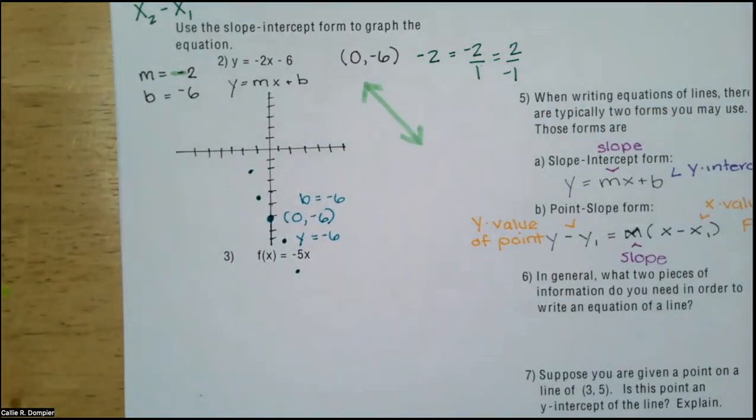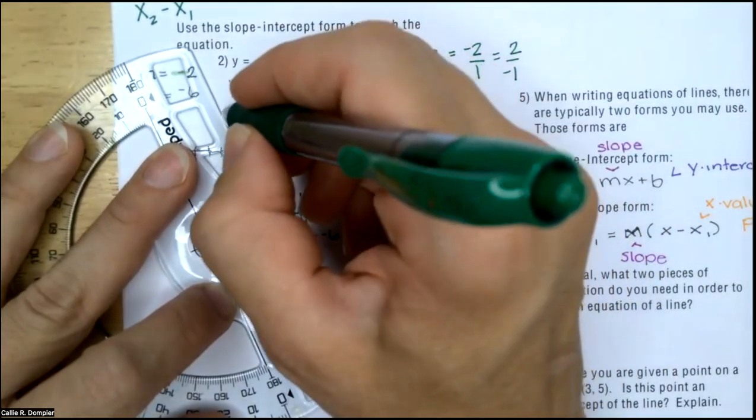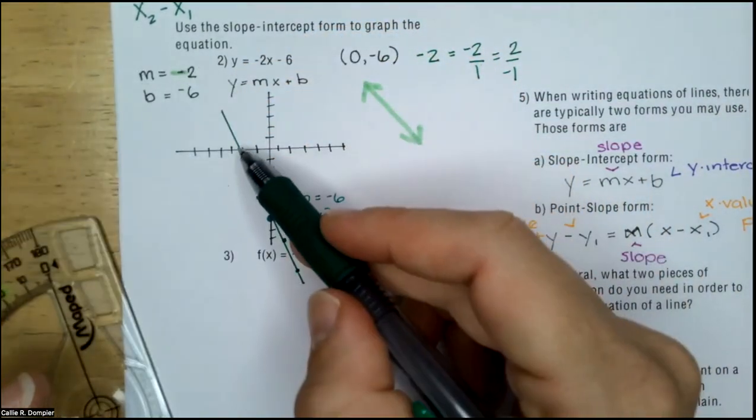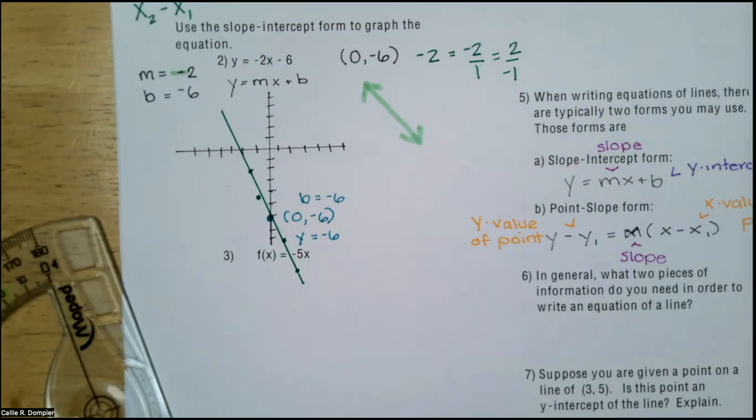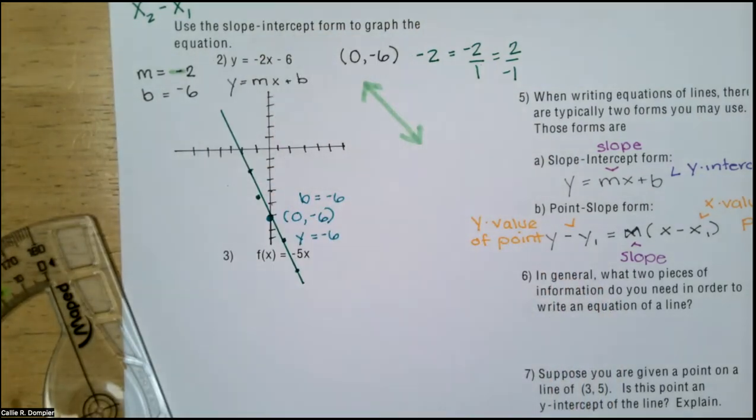Okay, you're also welcome to use Desmos to graph this to make sure that you're graphing it correctly. Okay, and then eventually you'll also get an x-intercept. I don't know how well I drew those lines. But that is the graph of the equation y equals -2x minus 6.